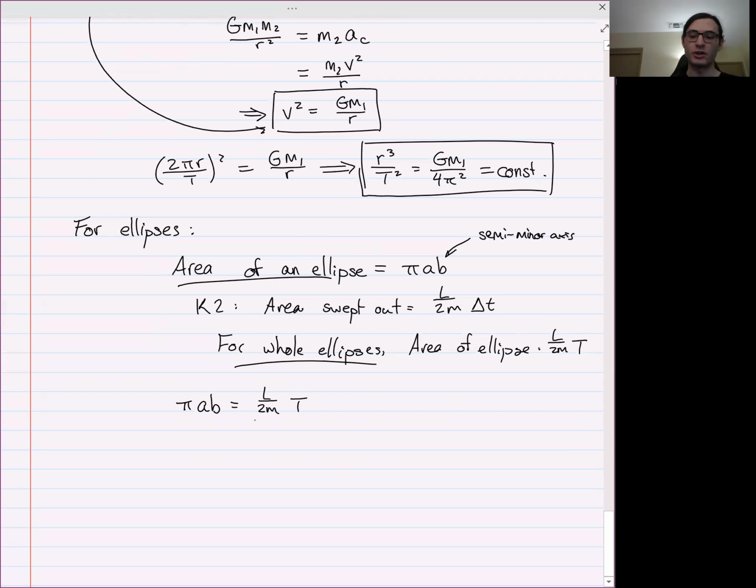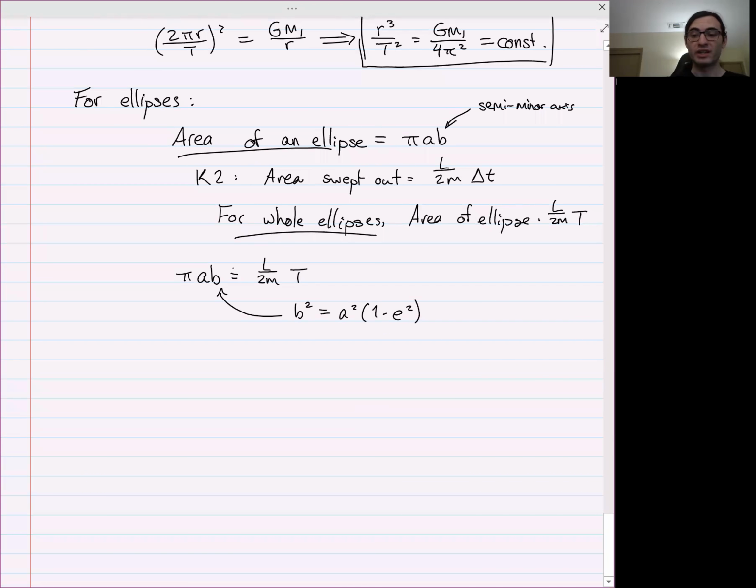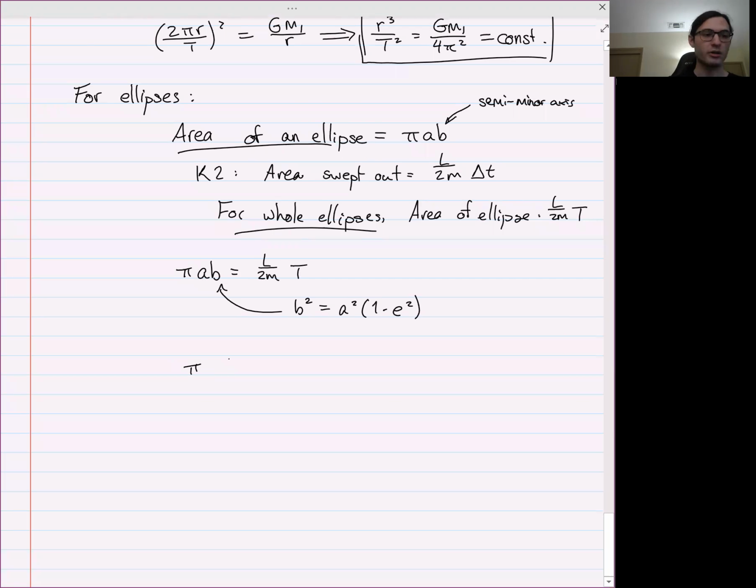Now there's some geometry here that we can use. Turns out that b squared is equal to a squared times 1 minus the eccentricity squared. You can work that out using just the standard elliptical geometry. We can square both sides and then substitute this equation in, and we get that pi squared a squared times a squared (1 minus e squared) is equal to L squared over 4m squared times T squared. I just squared both sides and substituted in.